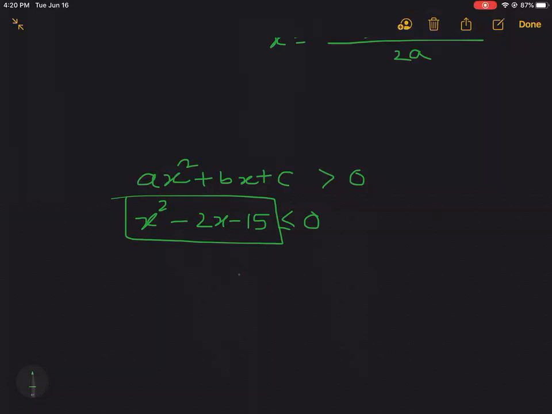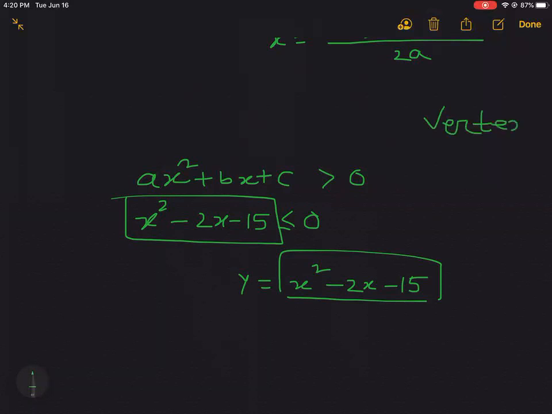That means we'll write this as y equals x squared minus 2x minus 15. If you are still wondering how we can easily graph this, if you remember, we can use the vertex and one other point to graph a quadratic function easily.